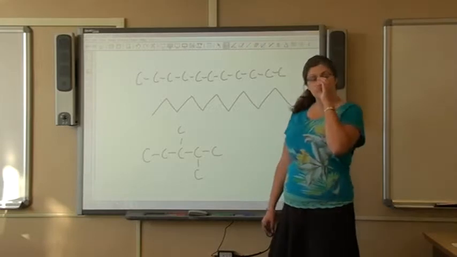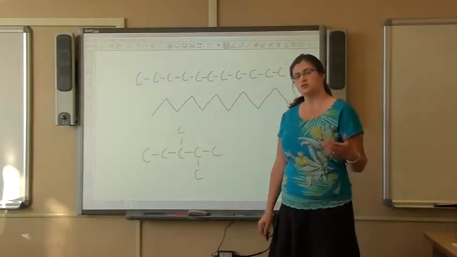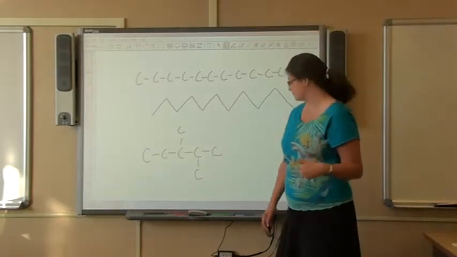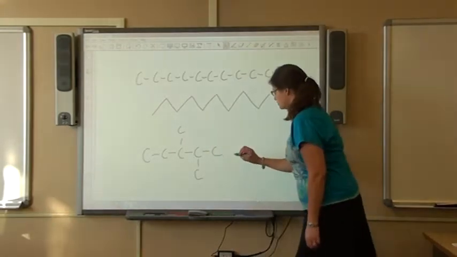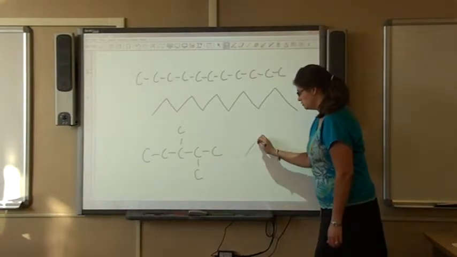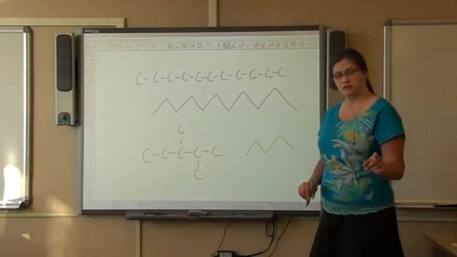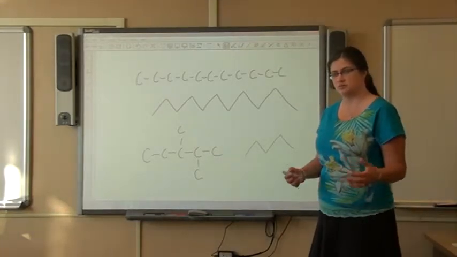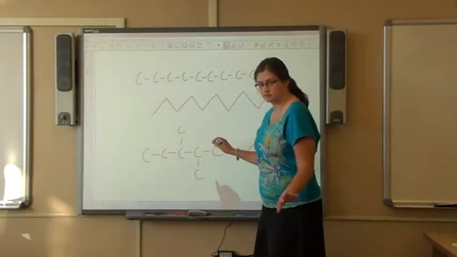Whenever you're writing a line angle formula for a branched chain, what you first want to do is write out the longest chain first. So I'll start by doing that with my green marker. The longest chain is 5 carbons. 1, 2, 3, 4, 5. Now, this is where things get a little bit tricky, and you might want to number your carbons to keep track of where they all are. I'm going to start here for reasons you'll know in a little bit.